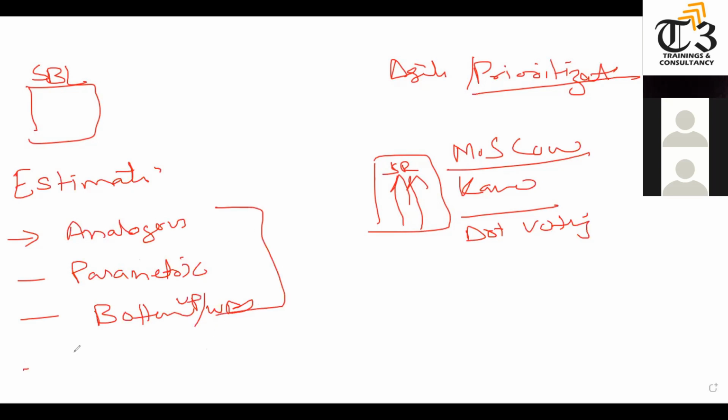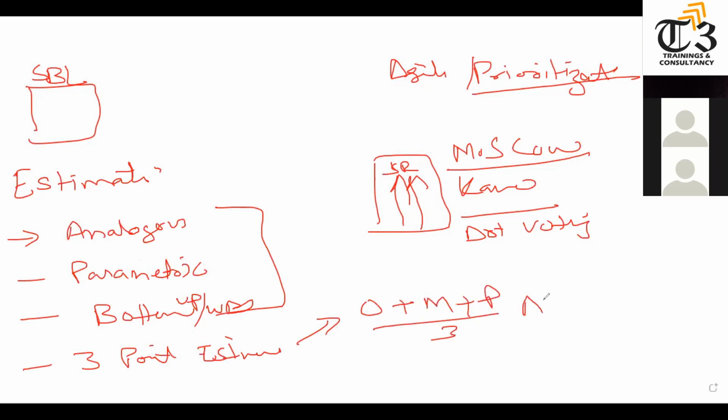If we have uncertainties, we go with 3-point estimation. In 3-point estimation, we have (O plus M plus P) divided by 3, we call it average. Or we have (O plus 4M plus P) divided by 6, we call it beta or PERT duration. We can use these things for estimations.